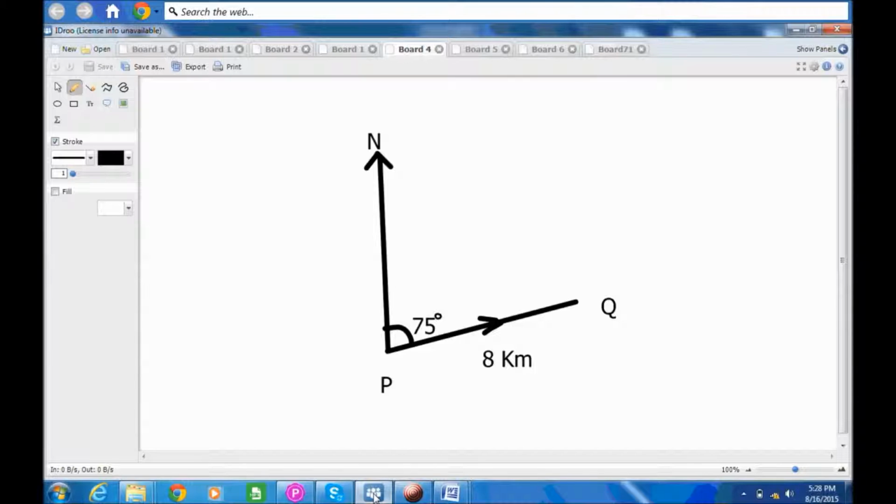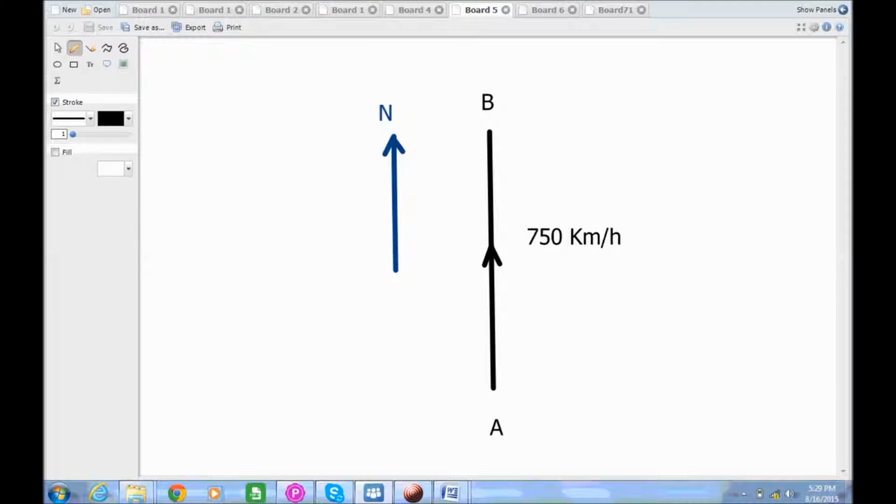So PQ is a vector of 8 kilometers. Similarly, the velocity of the plane is denoted by vector AB and represented by the directed line segment as shown in the above figure.